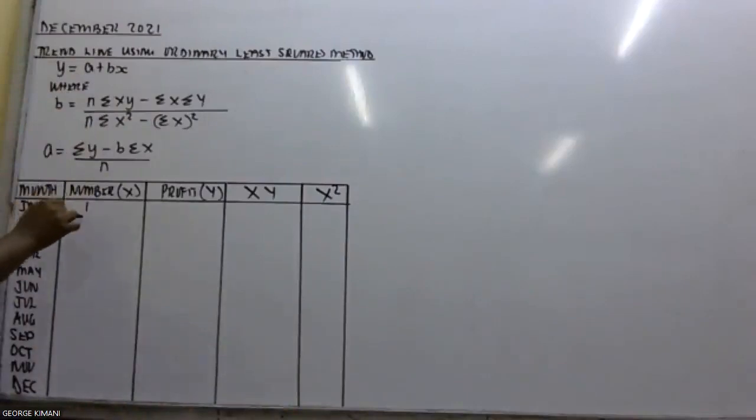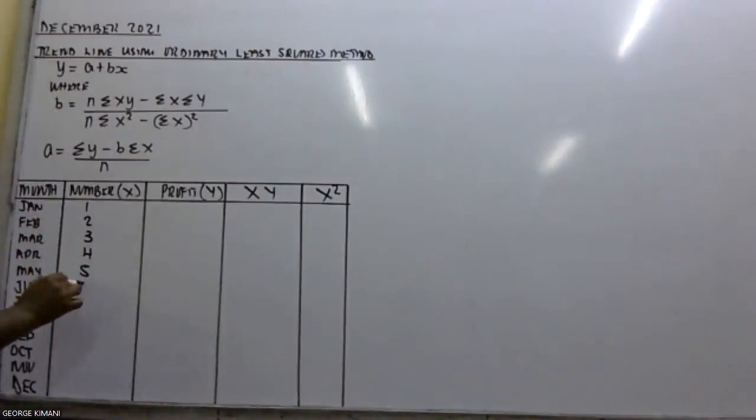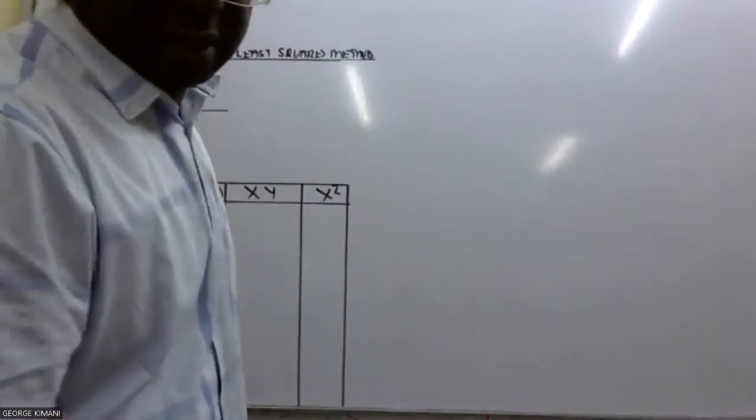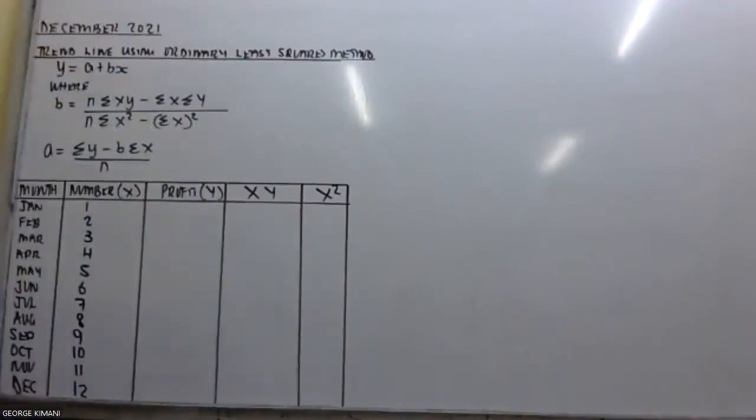So this is number 1, 2, 3, 4, 5, 6, 7, 8, 9, 10, 11, 12. So I told you when you are dealing with a time series, you just number those periods. You number the periods.